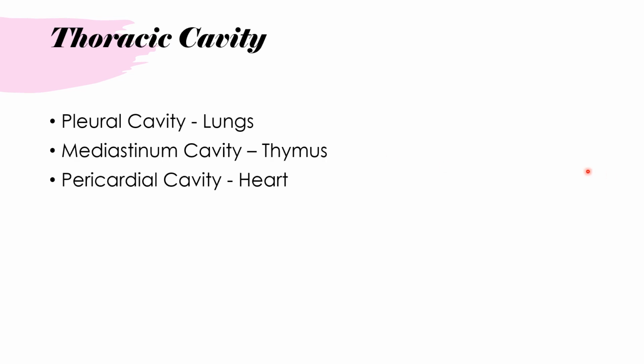The thoracic cavity includes the pleural cavity, which houses the lungs, the mediastinum cavity, which houses the thymus and parts of the heart, and the pericardial cavity, which houses the heart.